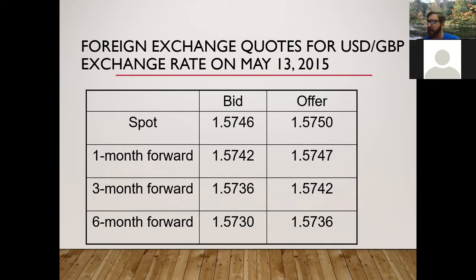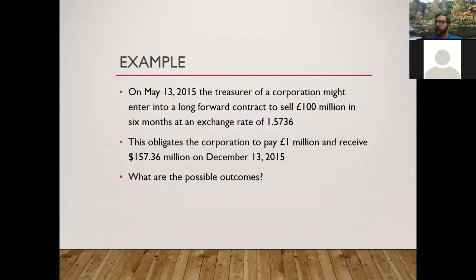Now it doesn't even decrease by, it's like 1/10 of a penny over 3 months, right? So we're not saying it's going to move a lot, but we are saying that the dollar is going to increase in the market. I'm not saying as an individual, because these are just the prices in the market, but the market says, hey, we think the US dollar is going to get slightly stronger against the pound, but not that much. Right. So that's what those types of prices would say to you.